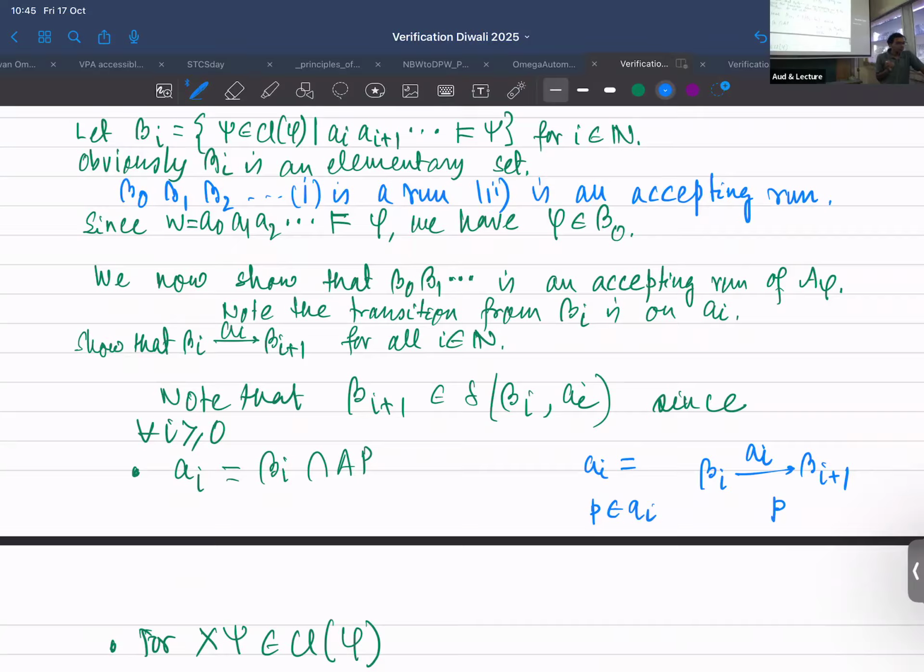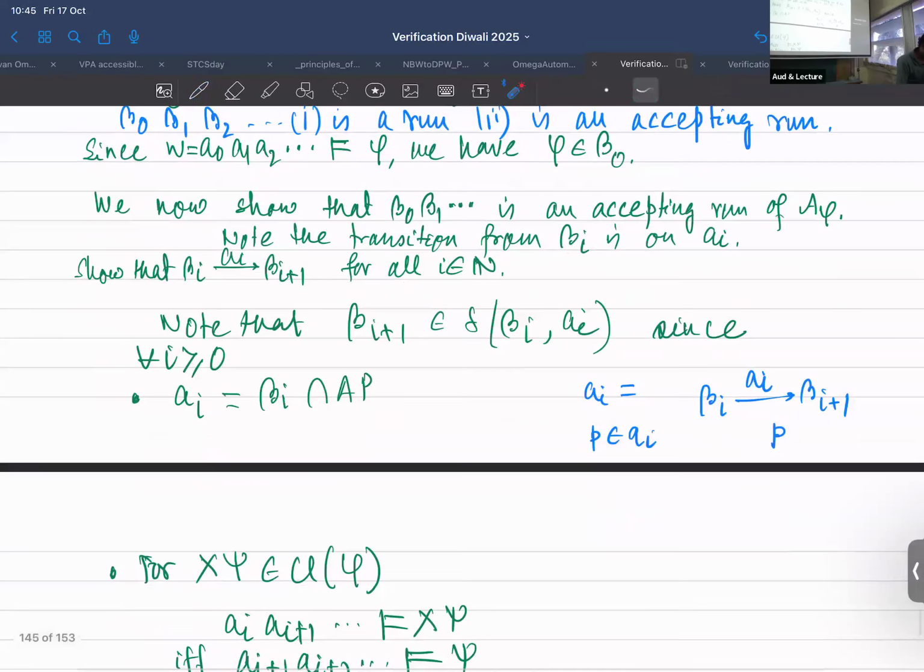So all I'm saying is that this is trivially true when you are considering a formula in the closure which is just a simple proposition. For that, it's easy to see.